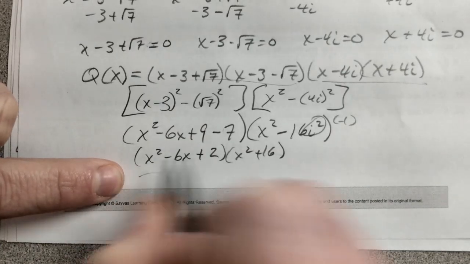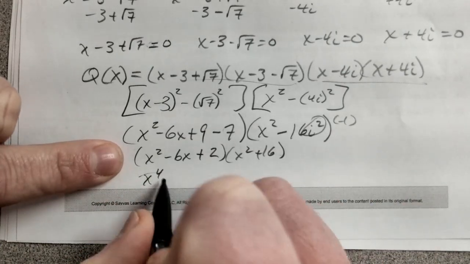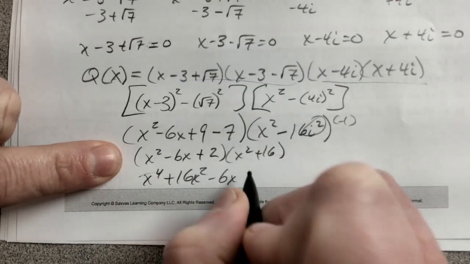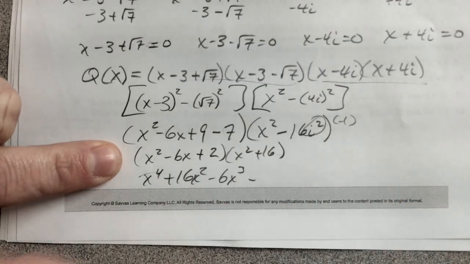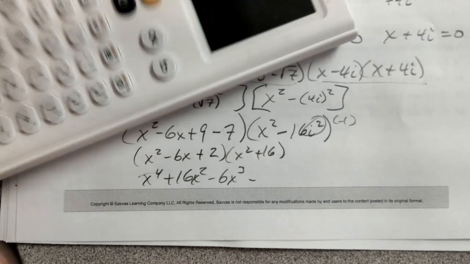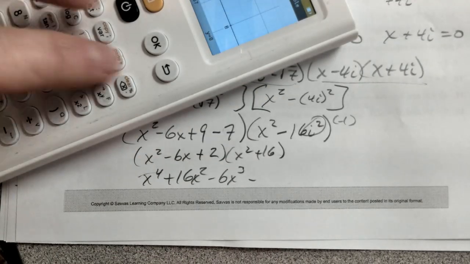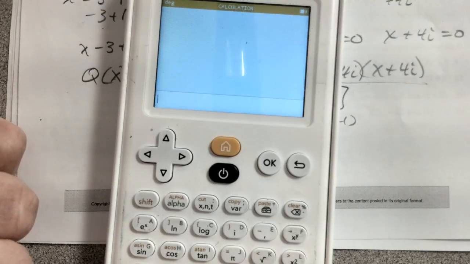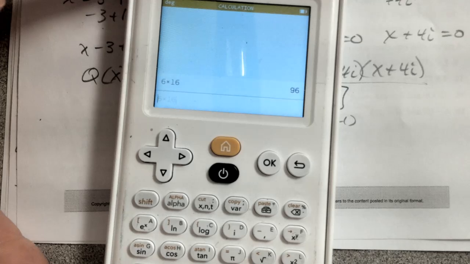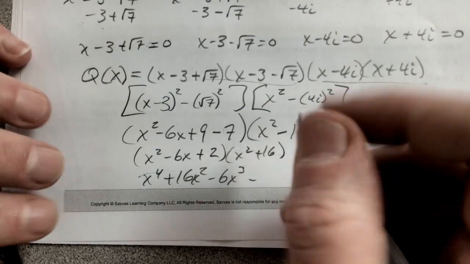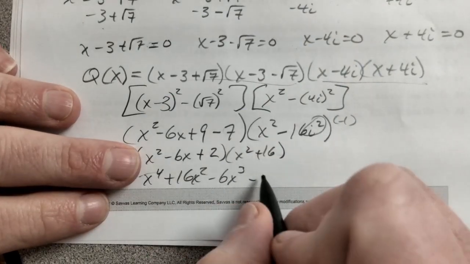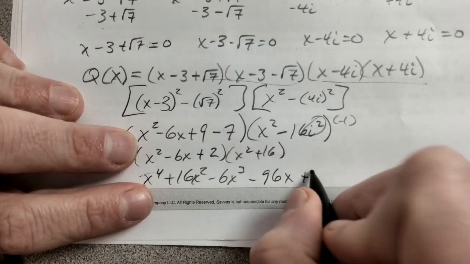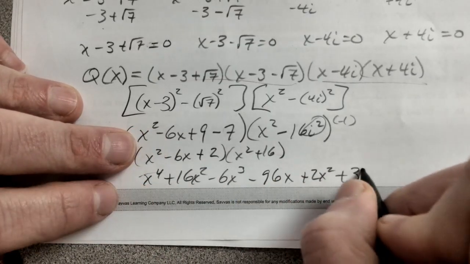So we get x to the 4th plus 16x squared minus 6x cubed. Nobody knows what 16 times 6 is. Good gravy. Come on, we can do this. We can do hard things. So let's see, 6 times 16, 96. So that's minus 96x, and now the 2, so plus 2x squared plus 32.